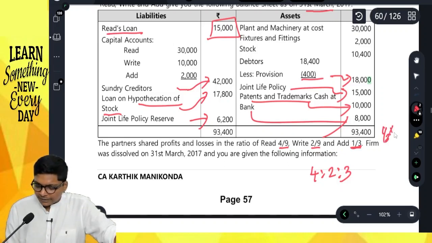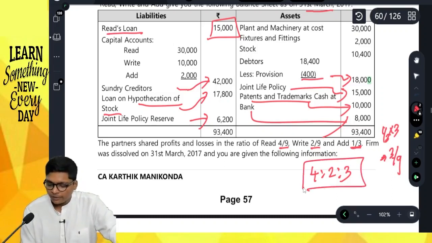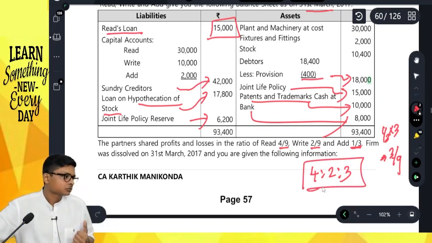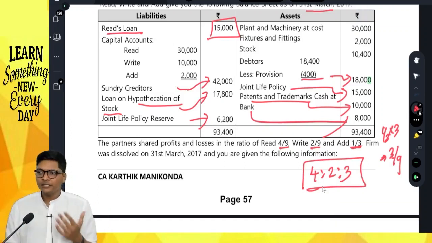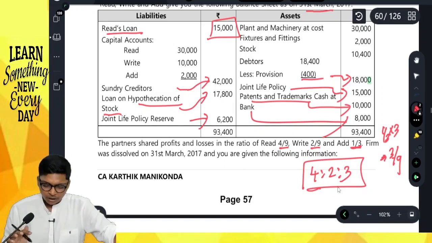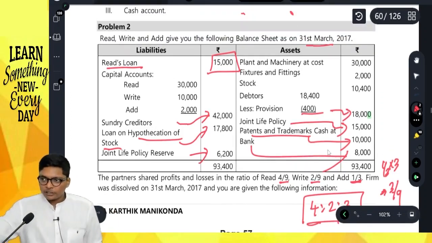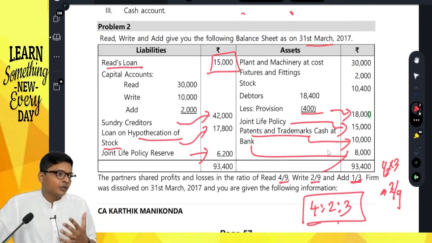So 1/3 into 3 becomes 3/9. So now I have 4/9, 2/9, 3/9. So I have 4 is to 2 is to 3. Fractions, 5th standard. I will teach if you have a doubt. We got the ratio 4 is to 2 is to 3. That's all in the first paragraph here. Any doubts? Read the question twice. Of course, on the first reading you won't have the full understanding.